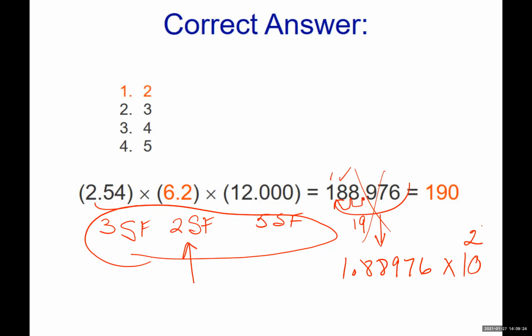Once you have done that, you won't make a mistake, because you want 2 significant figures. You're dropping the 8, you look at the first digit, it's larger than 5, add 1 to the previous digit, you get 1.9, and then the rest is clear: 1.9 times 10 to the power of 2, which is the same as 190. So make sure to avoid this type of error, which is a common type of error.